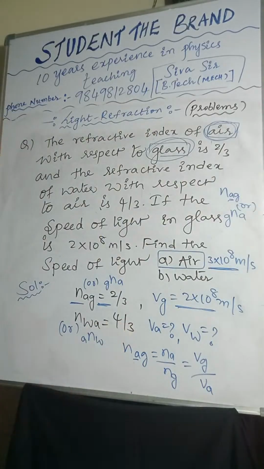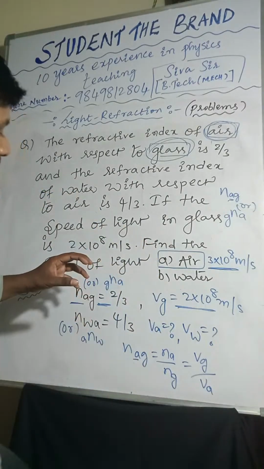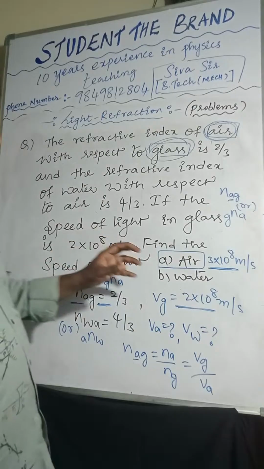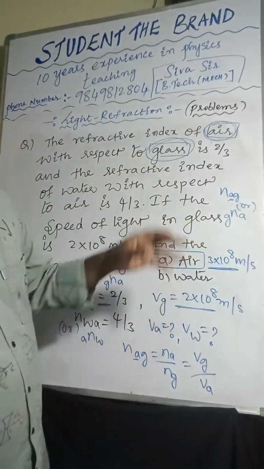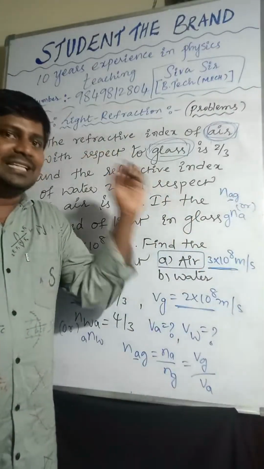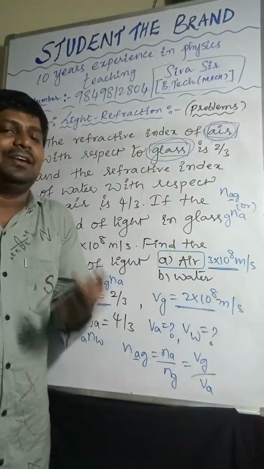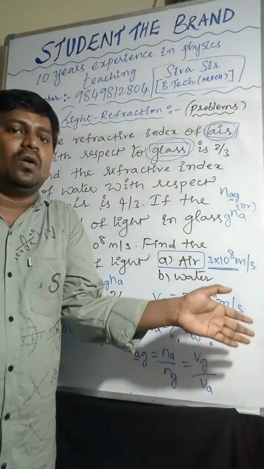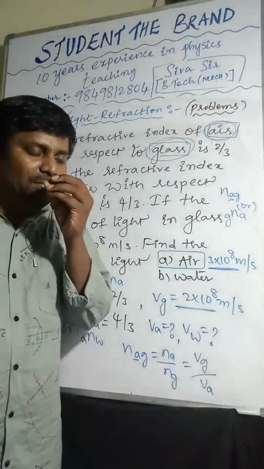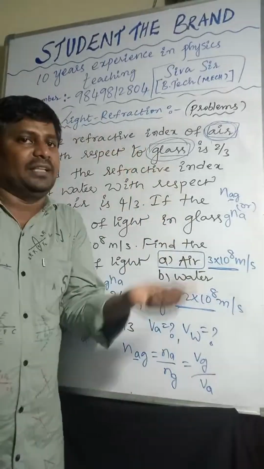Whatever values I'm saying, whatever methods I'm following, those are standard ones. If you follow them, you can do the problems related to refractive index in an easy way. No doubt at all, these problems will become very easy when you follow these methods.